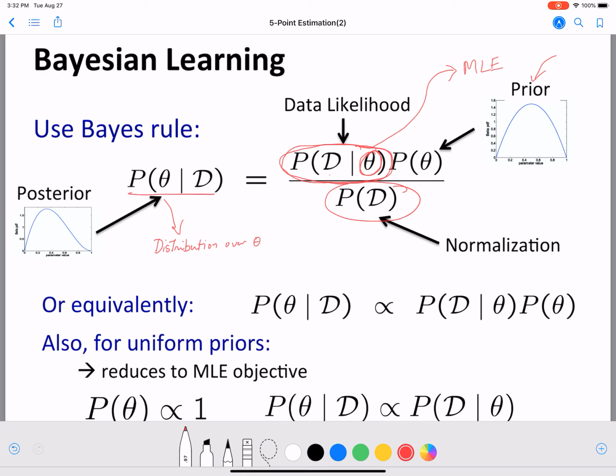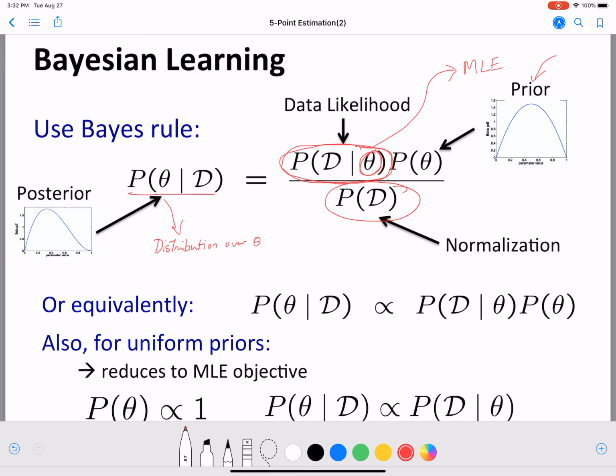Now, when we have a distribution over theta in the form of a posterior, we don't get one single value, but a distribution. So that is the difference between maximum likelihood estimation and using Bayesian learning to do estimation of theta.